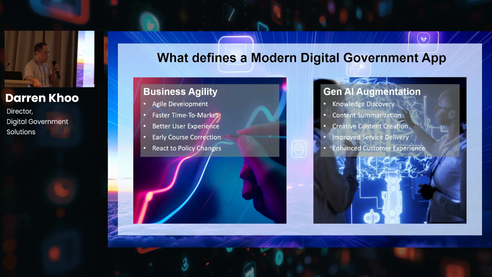Some of the common use cases are knowledge retrieval, content summarization, and content creation, which help you achieve more productivity. At the end of the day, it goes towards helping you improve your service delivery and ensure a better customer experience overall, directly or indirectly.